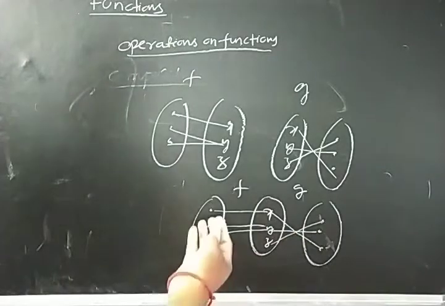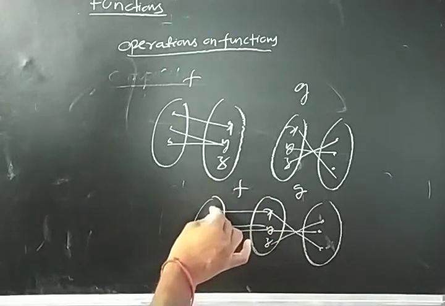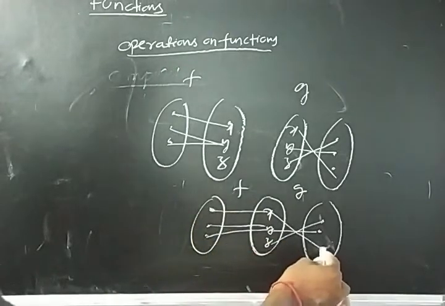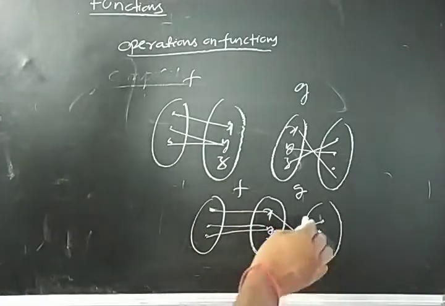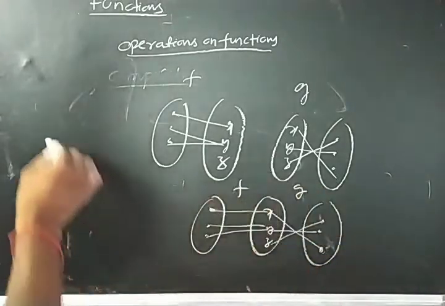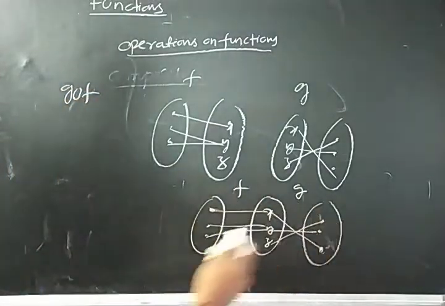Now we can conclude that, with respect to these functions, the image of the first element will be the last element. This is related with x, and x is related with the last element under g. This function we can write as g circle f.